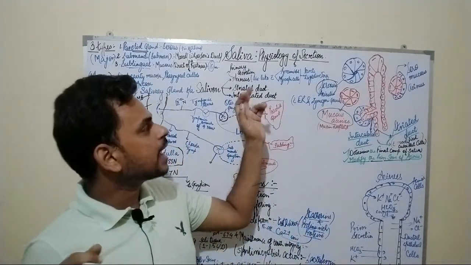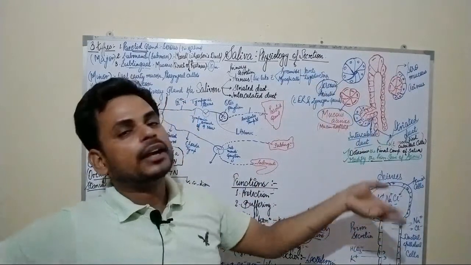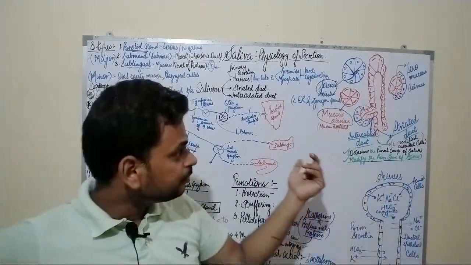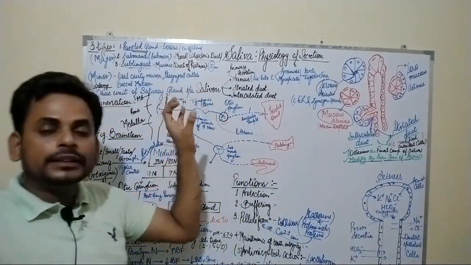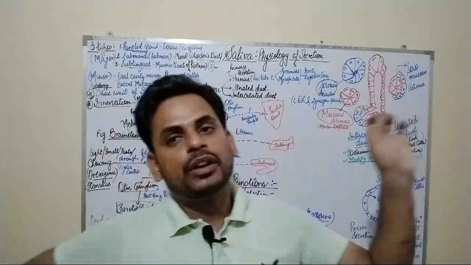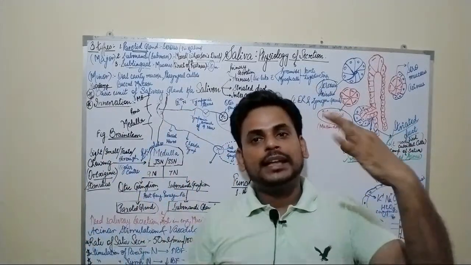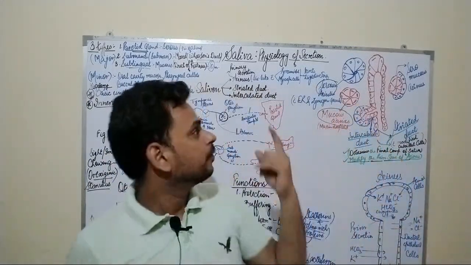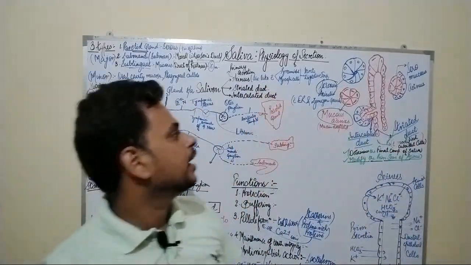Apart from them, there is a striated duct through which the entire salivary secretion is poured. So this was about the salivon, the basic unit of the salivary gland, and it comprises three things: firstly the acinus, the striated duct, and the intercalated duct.